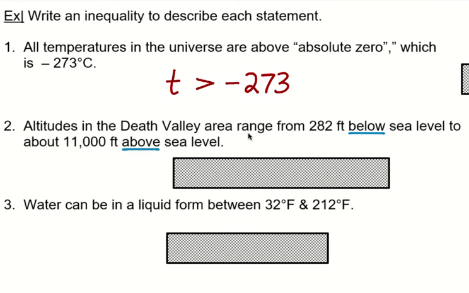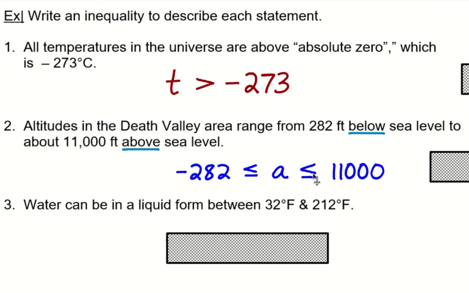If the verbiage was ranging from this to that, I think we can go ahead and use these symbols: negative 282 less than or equal to A, which is less than or equal to 11,000. The verbiage is very intricate, and you've got to be very careful about how the verbiage is describing the numbers and the situation.